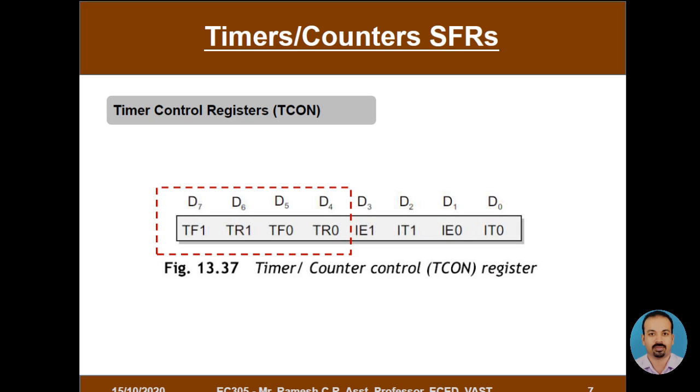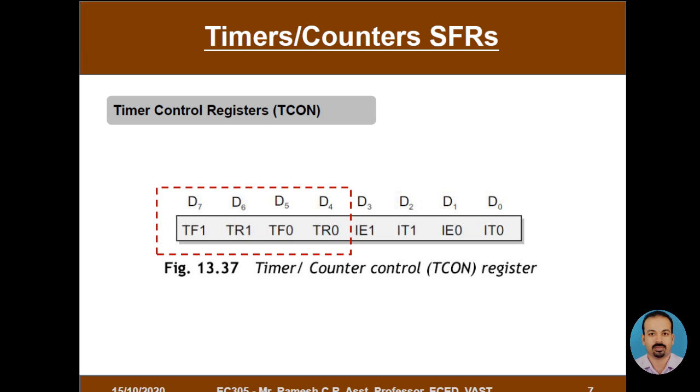Then the next register, which is concerned with enabling the functionality of the timer peripheral, is the timer control register, designated as TCON. Of this 8-bit register, only the upper 4 bits are associated with the operation of the timer.